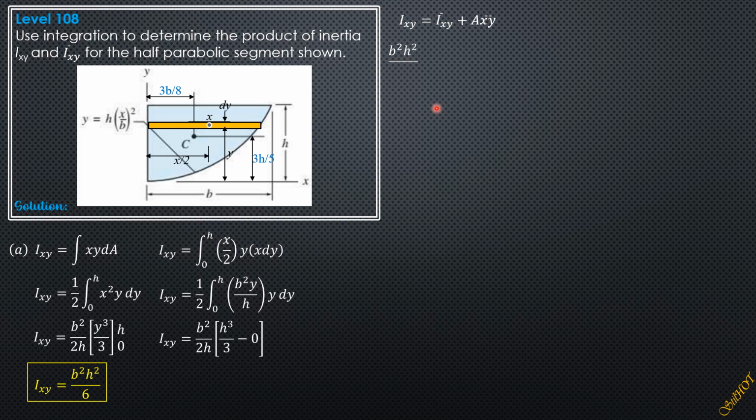So b squared h squared over 6 equals I bar xy plus 2/3 of base times height times quantity 3/8 of b times quantity 3/5 of h. Cancel 3, this is 4, so 3 over 20. One sixth minus 3 over 20, times b squared h squared. So I bar xy can now be computed. It is b squared h squared over 60. So that's it.